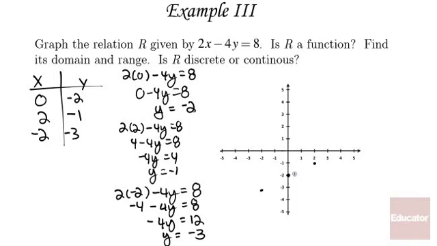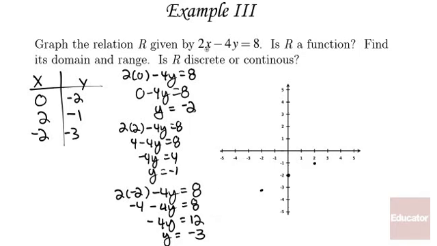Okay, so I'm asked to graph it, and I have some points here that I generated, but I also realized that I could have picked points in between these, which would actually end up connecting this as a line. So I'm not just given a set of ordered pairs.